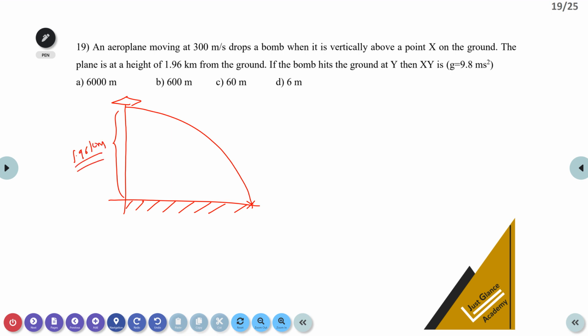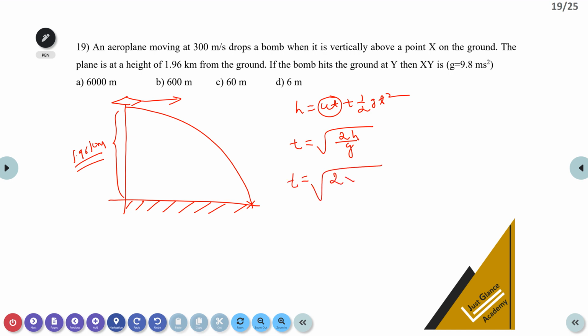You need to convert it into meter. Here we know the equation: h equal to ut plus half g t square. Then t equal to square root of 2h divided by g, because the initial velocity is 0 along this direction, since the particle is projected horizontally. There is no y component, that's why this quantity is 0.